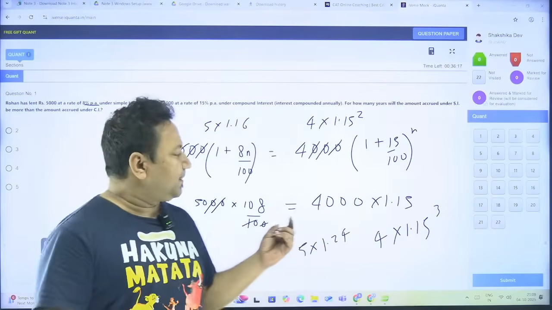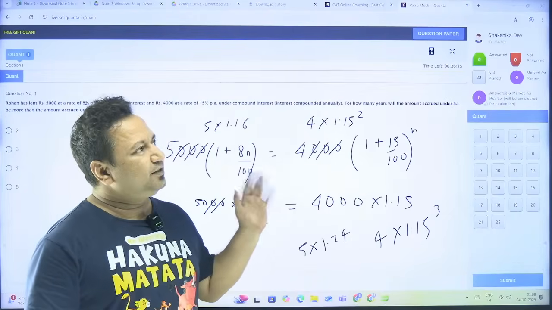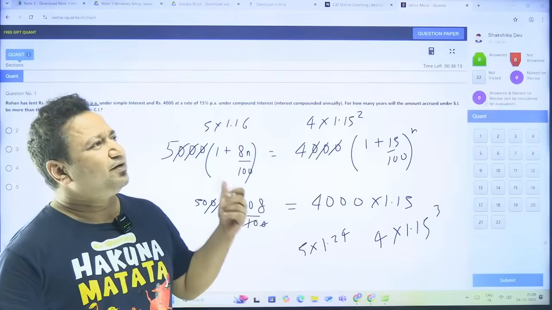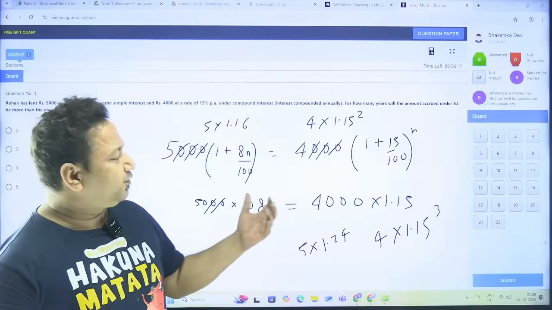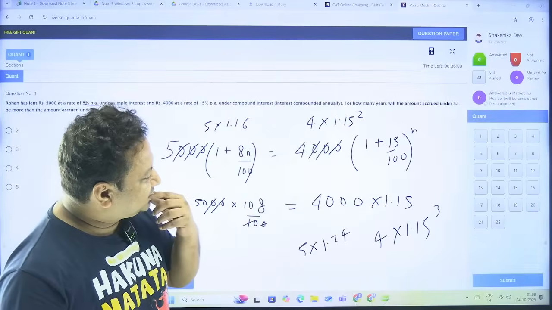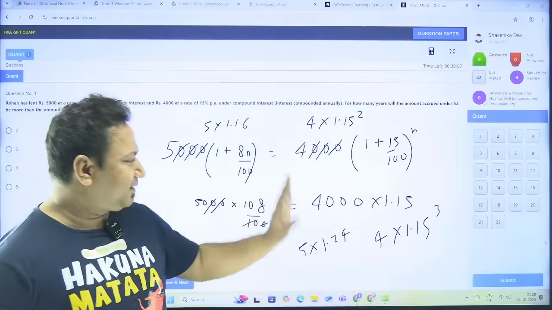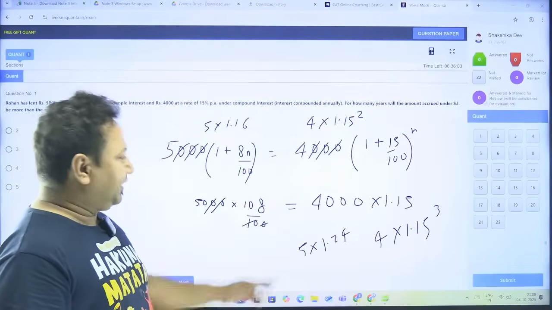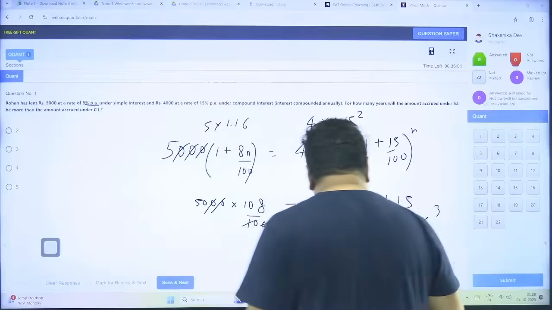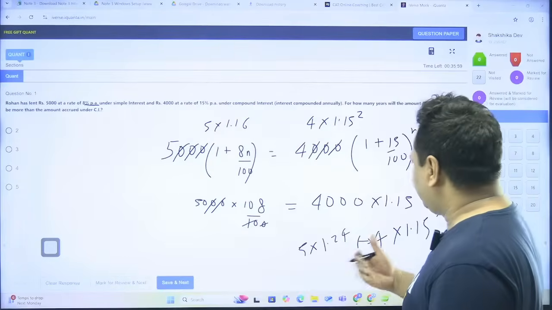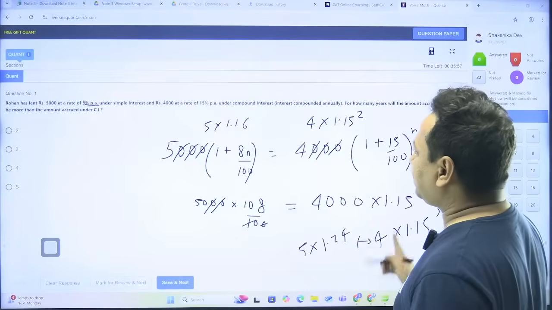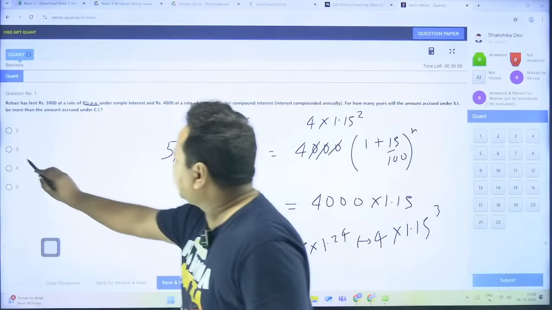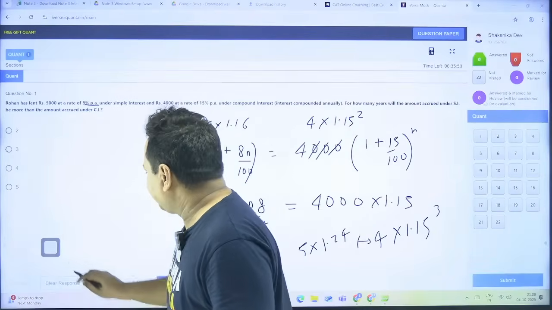Somewhere around 1.5 something, probably 1.612, into 4 is 6.4. This is final 1.24. Again, SI is more, with a very minute difference there. So obviously after this it will not be valid. So the correct answer is 3 years. I'm marking 3 here.